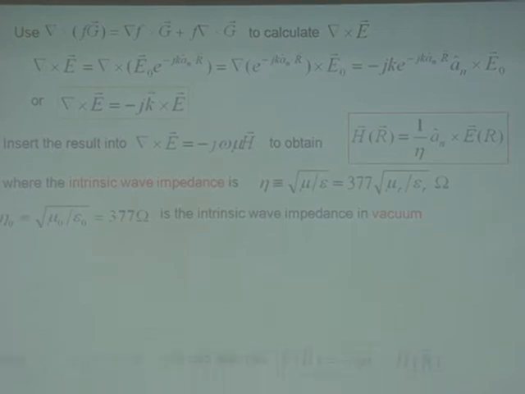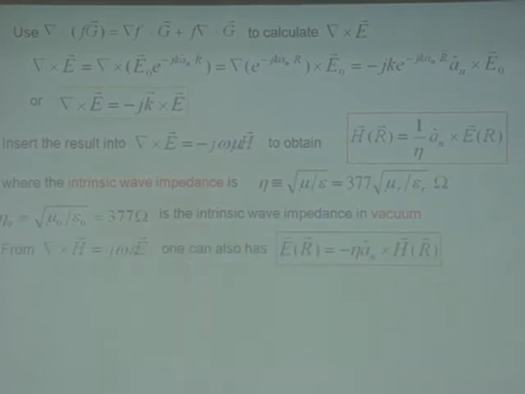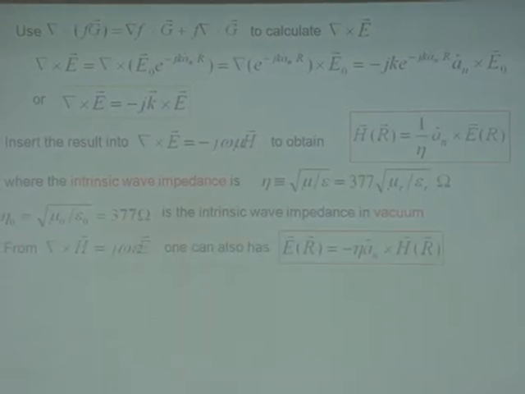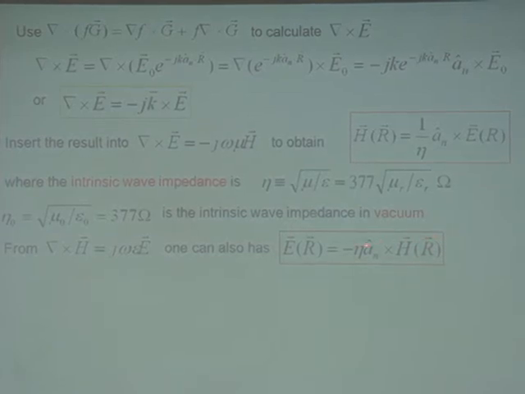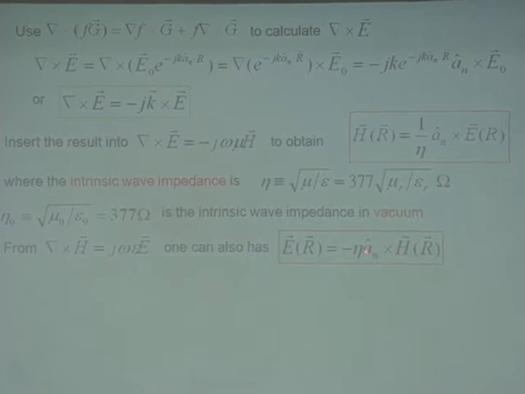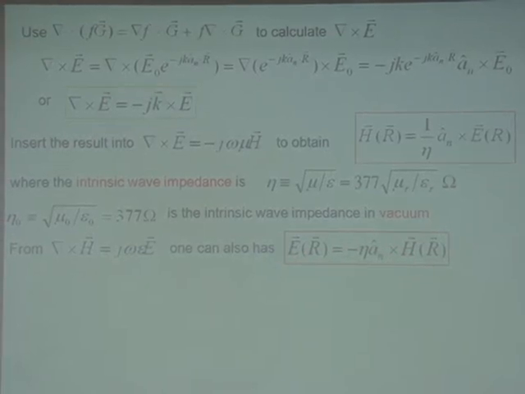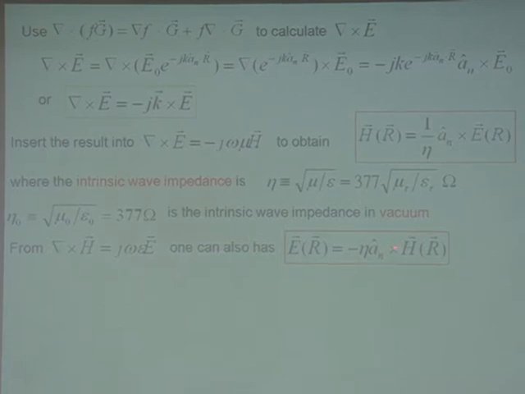Okay, and the other equation is Ampere's law, here. This also will give you the relationship between E and H. Basically, if you know H, you can find your E from H. But this also offers you information about the relative directions of the propagation direction, H field and E field.